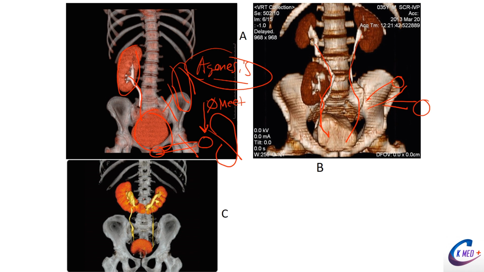And then here we have something called a horseshoe kidney. So if you've ever played that horseshoe game where you have that little pole and then you throw the horseshoes at that, and it's a really hard game, but that's our horseshoe game, right? So when you throw that on here, so here's your horseshoe.